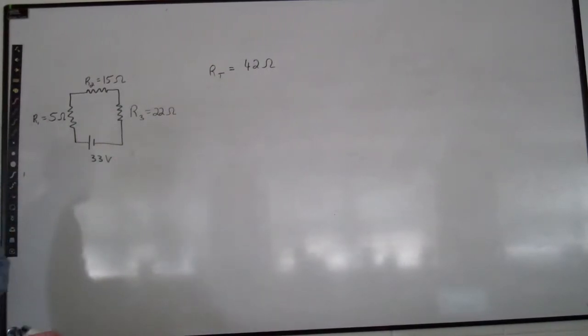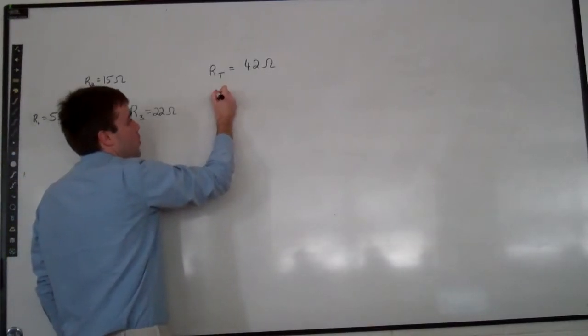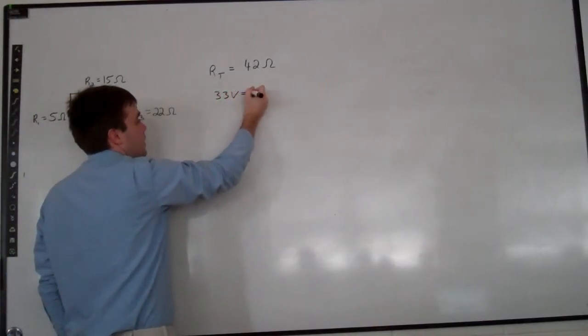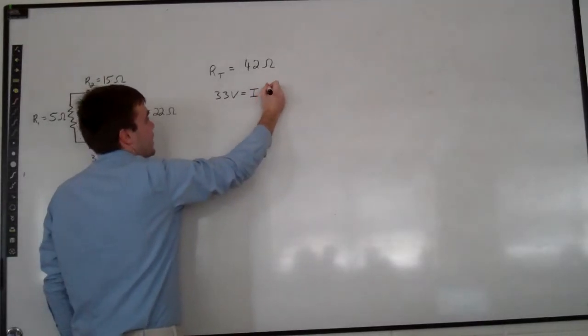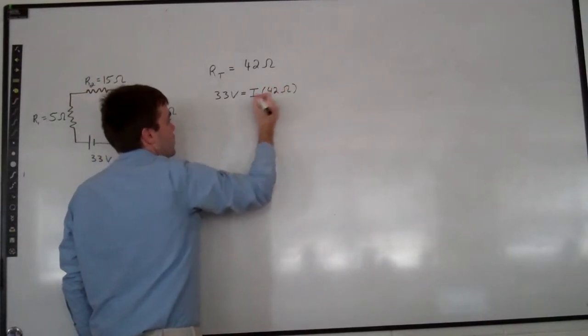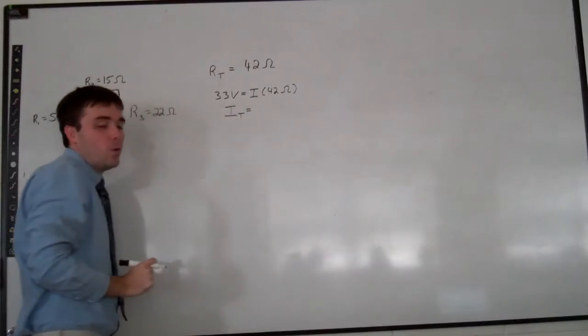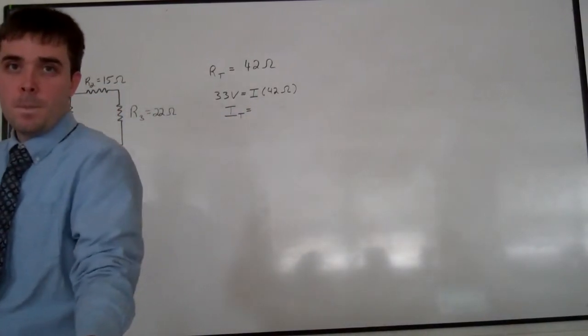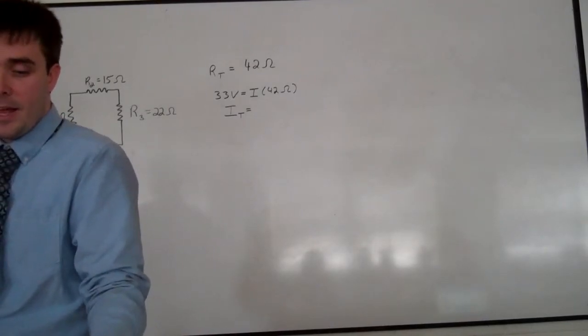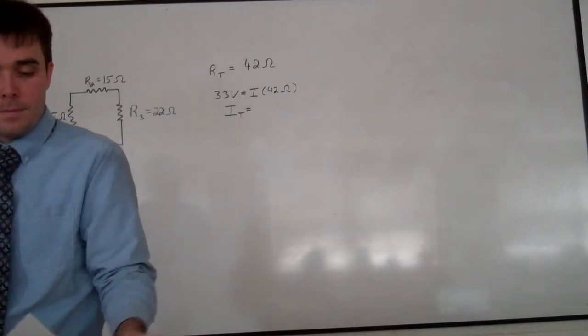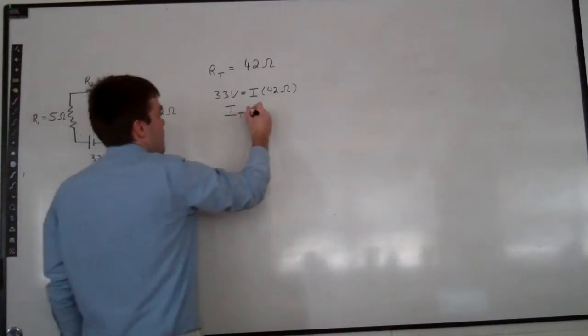V equals IR, so we're going to have 33 volts as V equals I times 42 ohms. Divide that out, our total current is equaling what? 0.79 amps.